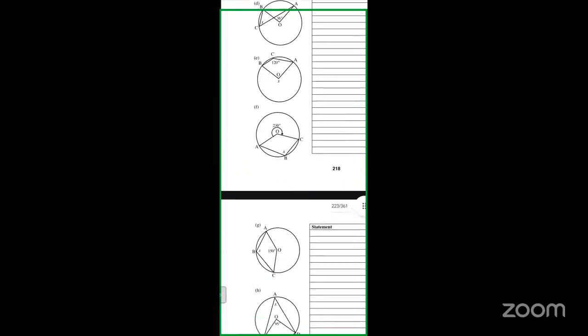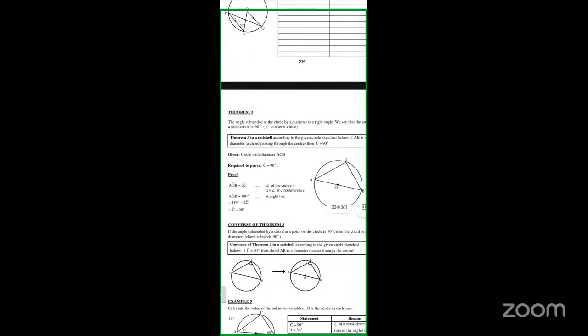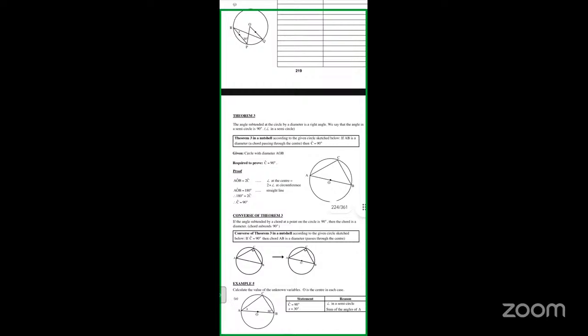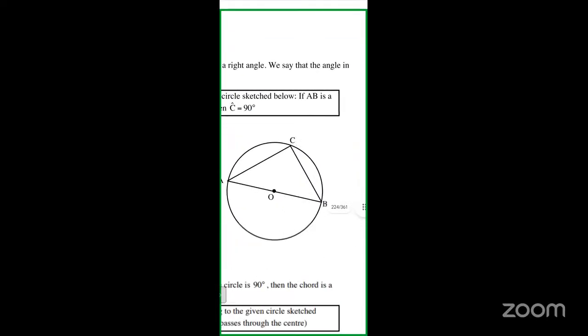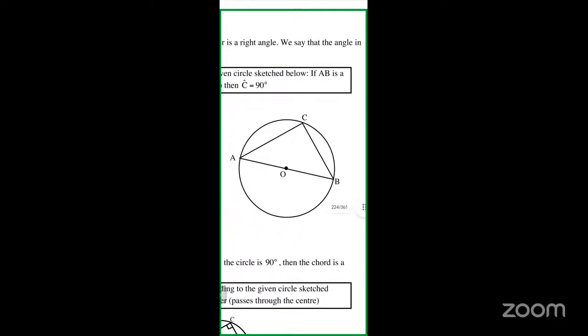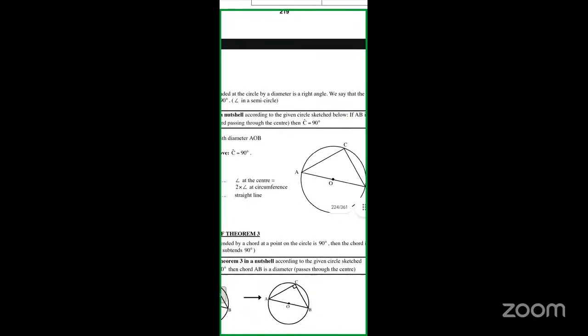Then we can just move to the third theorem right here, whereby in this diagram of ours, you can see a circle. You can see we've got a diameter AOB. We've got angle C right there. So according to the theorem, angle C is going to be 90 degrees.